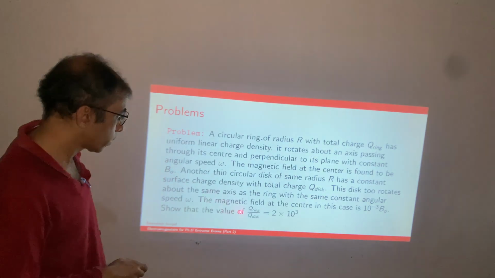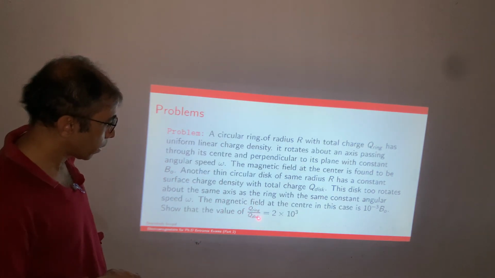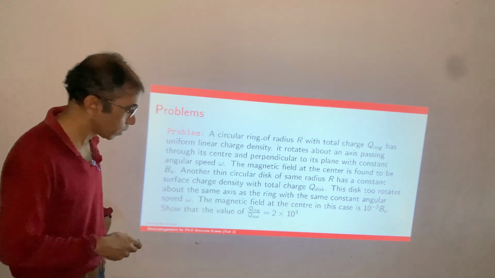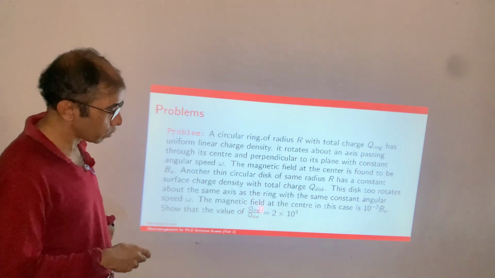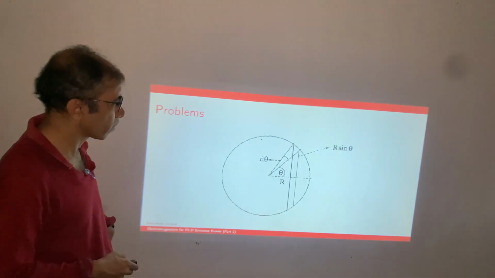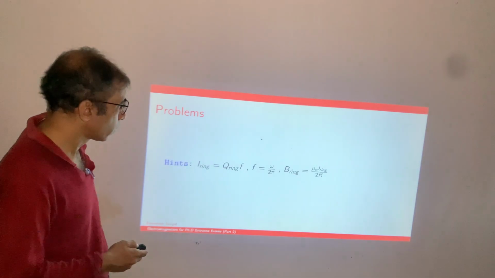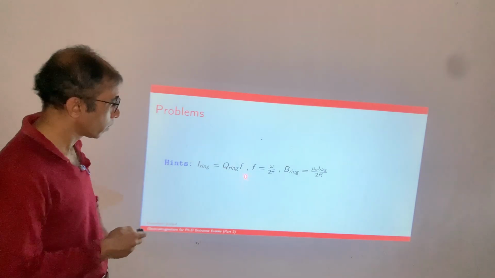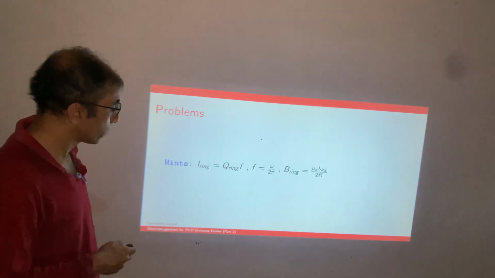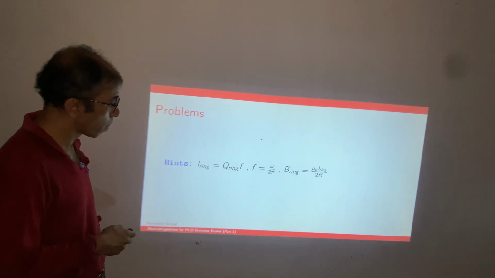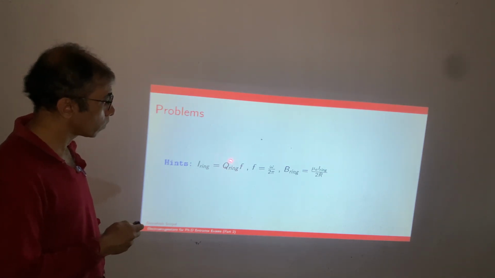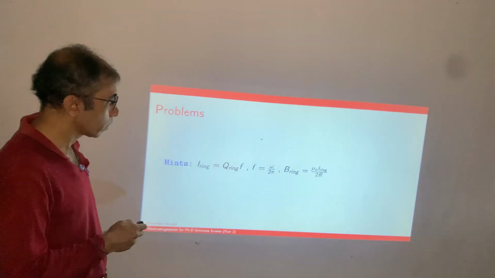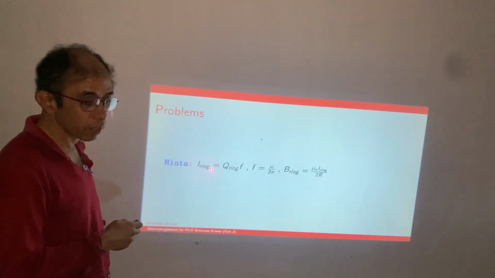Show that Q ring by Q disk is 2 into something. That is the ratio of the charges. This is not difficult. If you take a ring and the total charge on the ring, which is uniform, is Q ring, then you have to get the current.